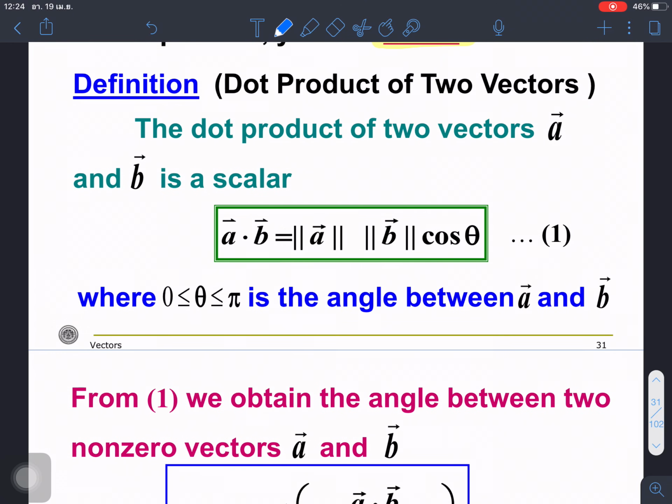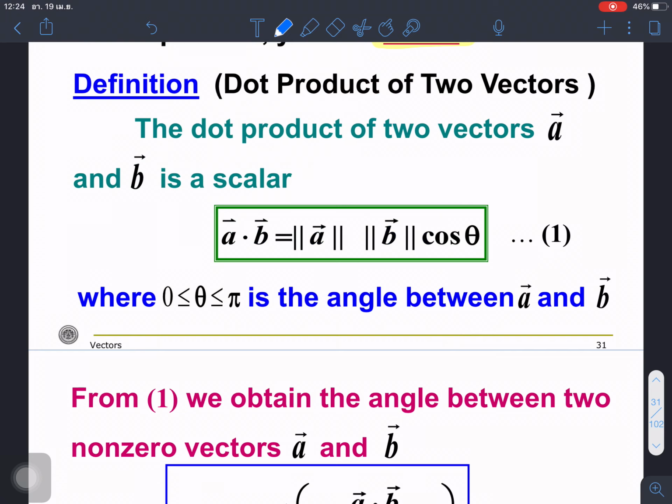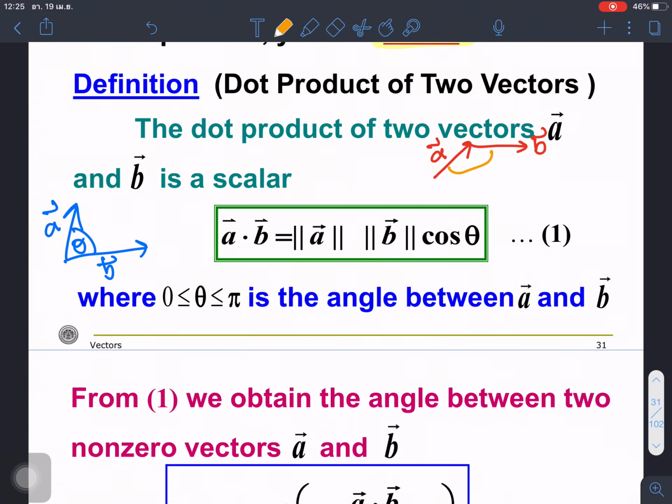In general, when you have two vectors and visualize them, you might have this vector A and this vector B. This one is obvious, theta is here. But in another case, when you draw it, you might get this vector A and this vector B, and you would say theta should be here. That answer is wrong.